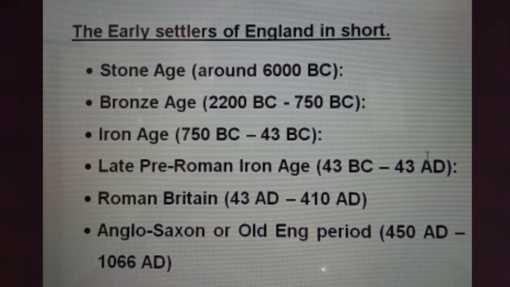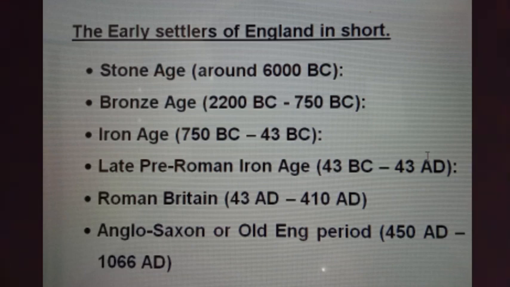Then the late pre-Roman Iron Age, from 43 BC to 43 AD. Then Roman Britain, from 43 AD to 410 AD. And after that, the Anglo-Saxons or the Old English period, 450 AD to 1066 AD.